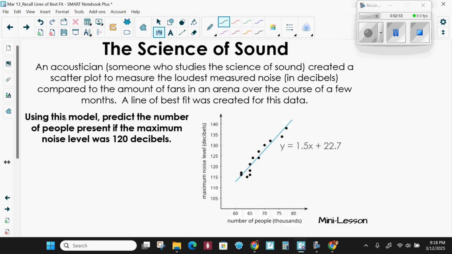Using the model, predict the number of people present if the maximum noise level is 120 decibels. So again, decibels would be on our y value, so we're going to put the y value here, 120.